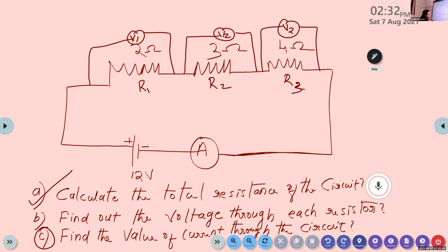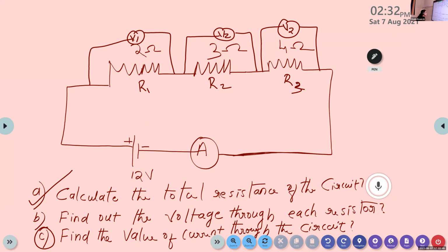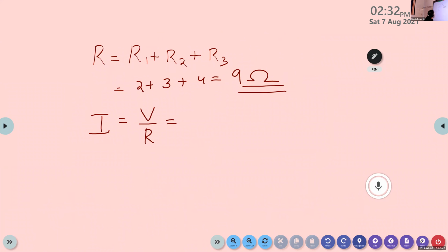How can we calculate the current that is flowing through a circuit? Yes, I is equal to V by R. What is the voltage in this circuit? It is 12. Okay, good. So 12 divided by 9.